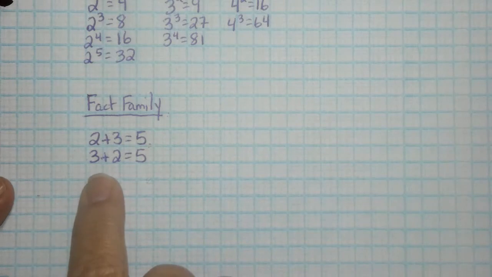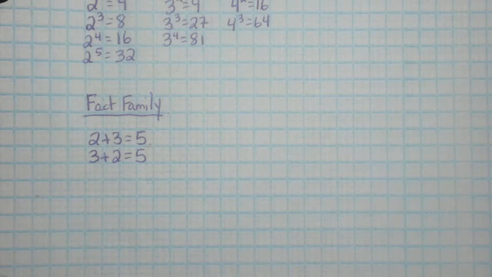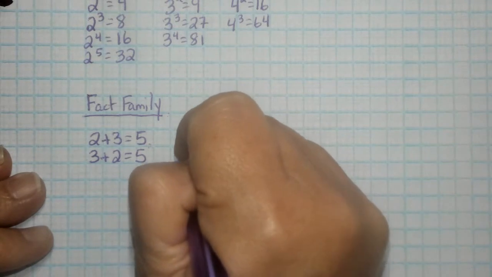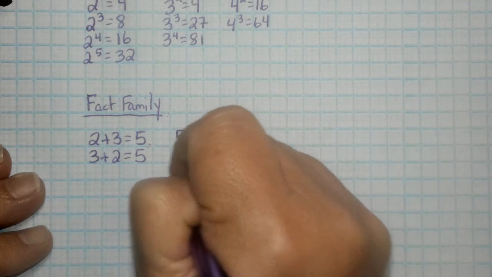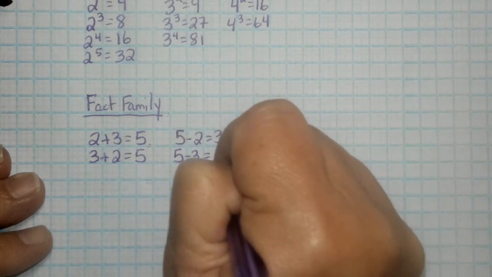So we learned very early on that addition is commutative. But then we learn an associated subtraction equation. So we learn that 5 minus 2 is equal to 3, and 5 minus 3 is equal to 2.